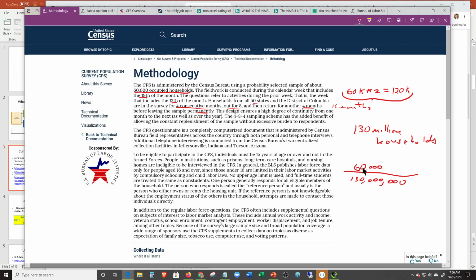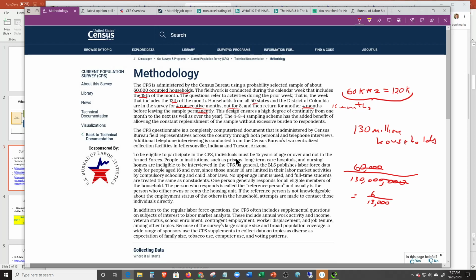Let's see, that would equal 6 over 13,000 as your probability of being drawn into the survey in any given month. Pretty low. I've only known one person who participated in all my years of teaching.